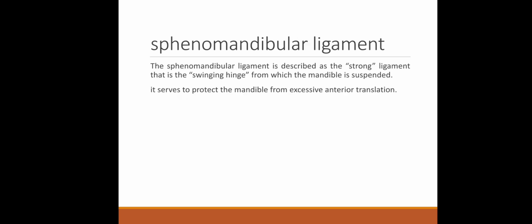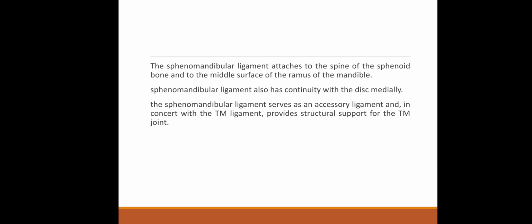Sphenomandibular ligament. The sphenomandibular ligament is a distinct, strong ligament from which the mandible is suspended, like the swing of a hinge. It serves to protect the mandible from excessive anterior translation. It attaches to the spine of the sphenoid bone and to the medial surface of the ramus of the mandible.